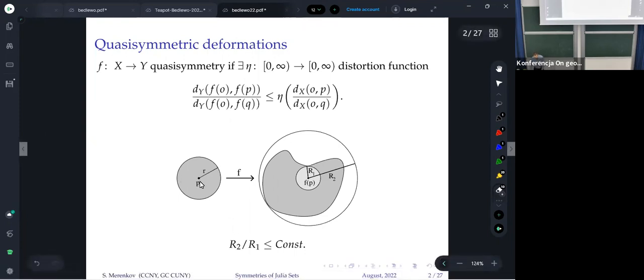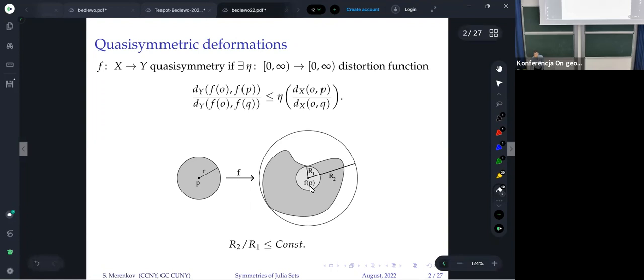You take an arbitrary ball in a space X, centered here at P, radius R. You map it over with your homeomorphism, and generally you should expect some blob like this. And you should be able to inscribe a disk of some radius little r and circumscribe a disk of capital R radius.